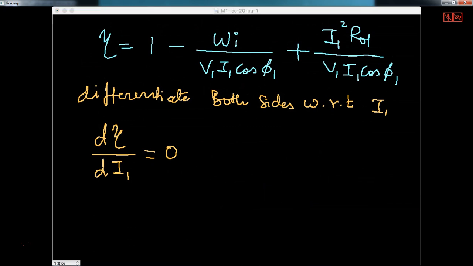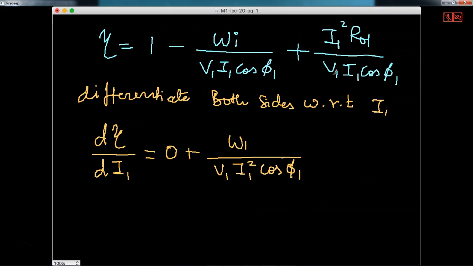So because I1 is in the denominator, I'll get minus Wi by, so this minus will become plus, then it will be V1 I1 square cos phi 1. Differentiation of 1 by x is minus 1 by x square. So you had known that from the basics of this topic.